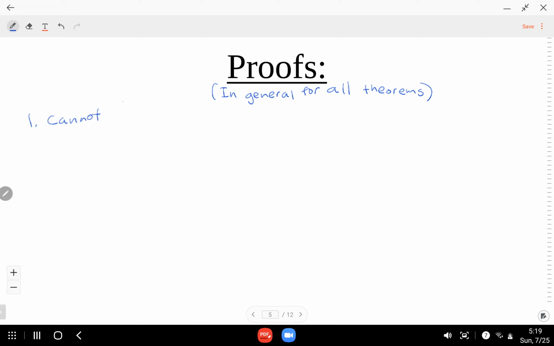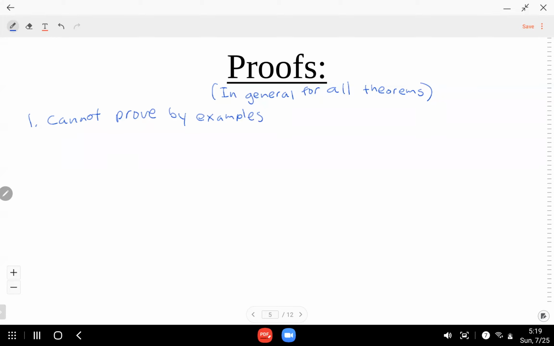You cannot prove by examples because a theorem is supposed to be true for all examples. So we cannot prove by examples because there are infinite examples, so we cannot prove them all.